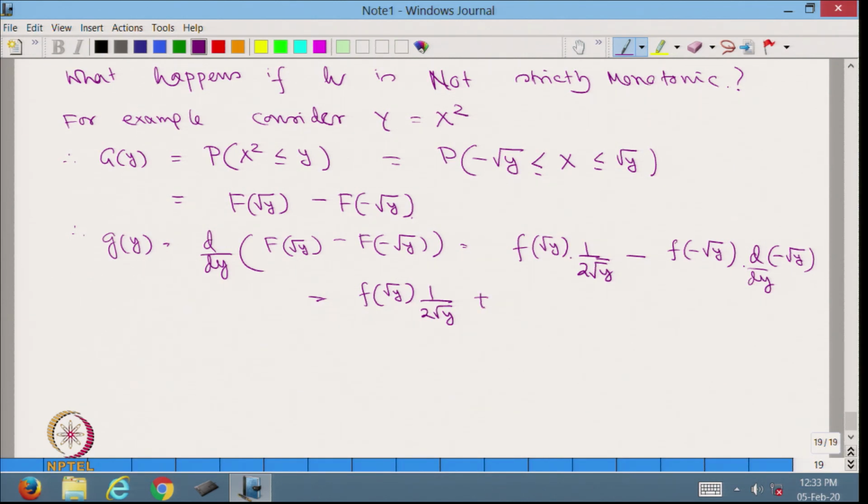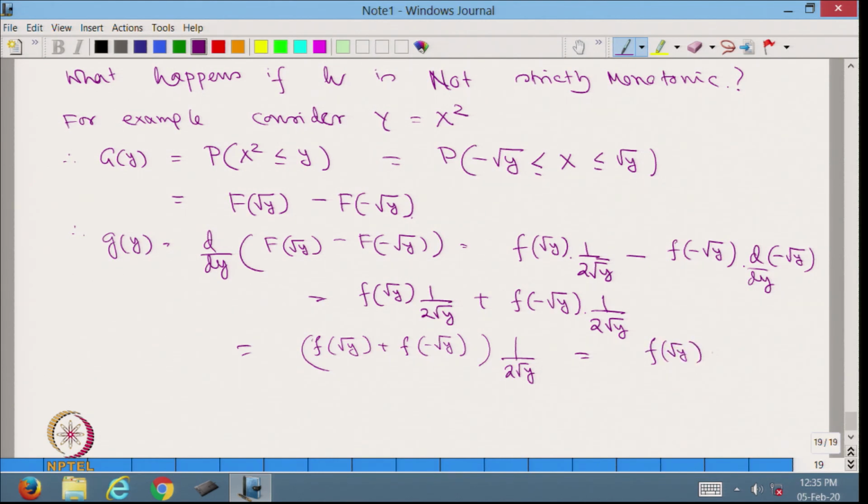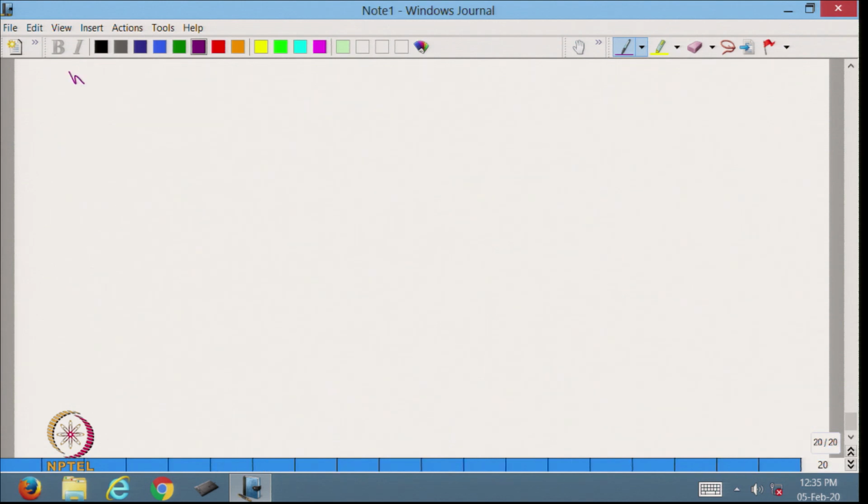This minus minus makes it plus f at minus root y into 1 upon 2 root y, is equal to (f of root y plus f of minus root y) upon 2 root y.